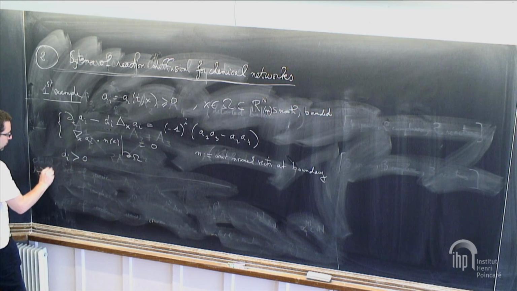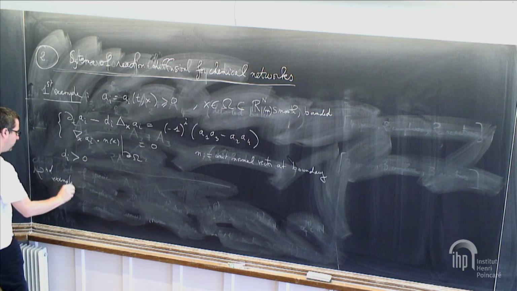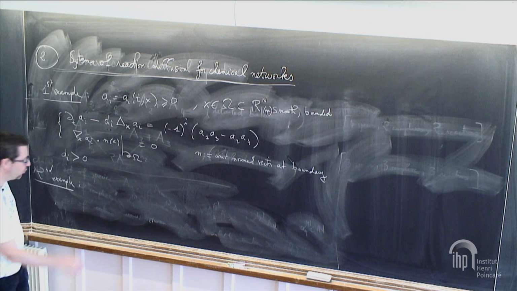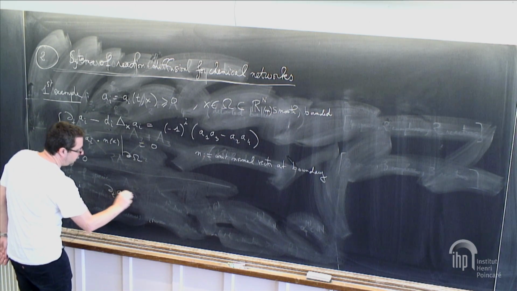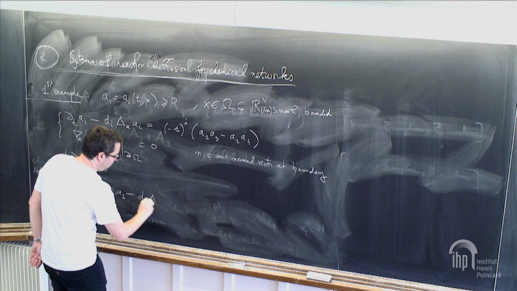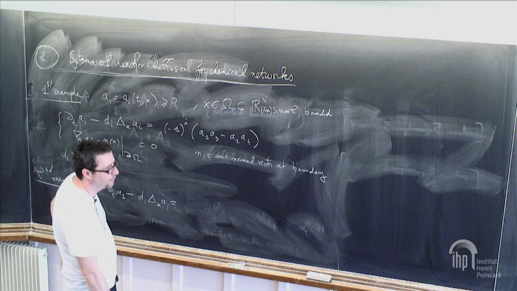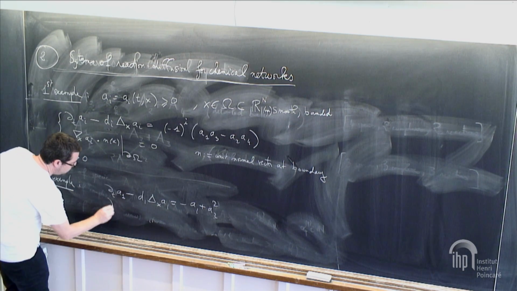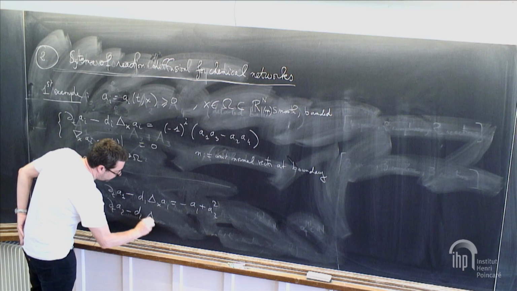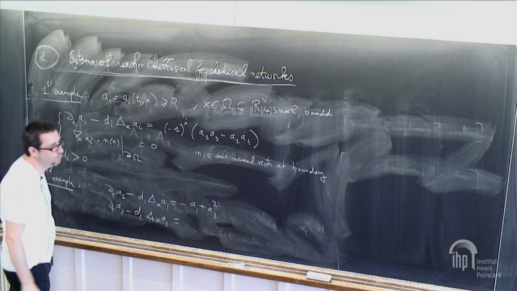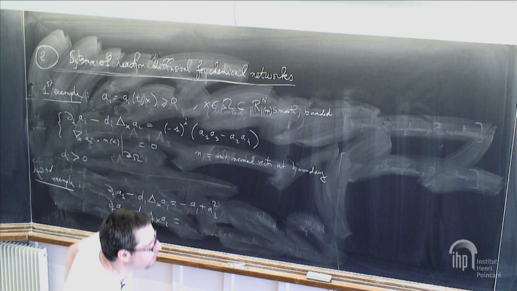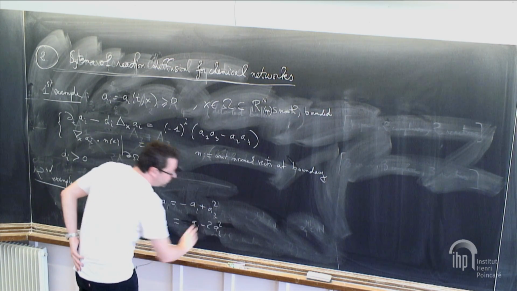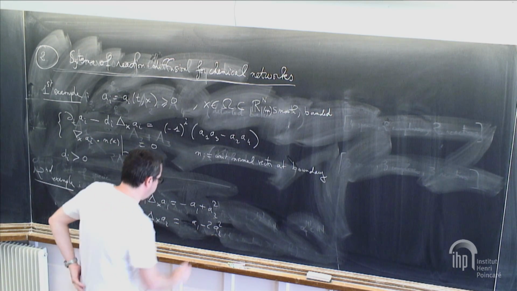And so for the second example, we will suppose exactly the same. So we will end up with the equations: dt A1 minus d1 Laplacian A1 is equal to minus A1 plus A2 square. dt A2 minus d2 Laplacian A2 is equal to A1 minus 2 A2 square plus A2 A3.